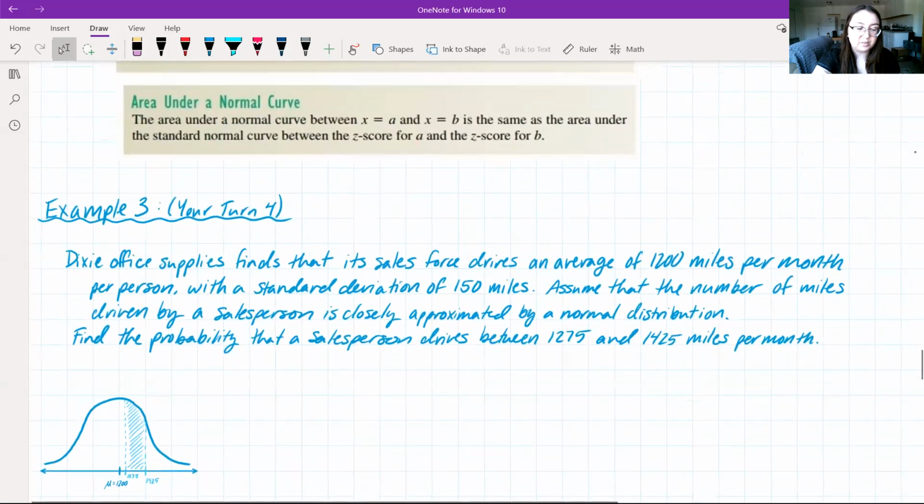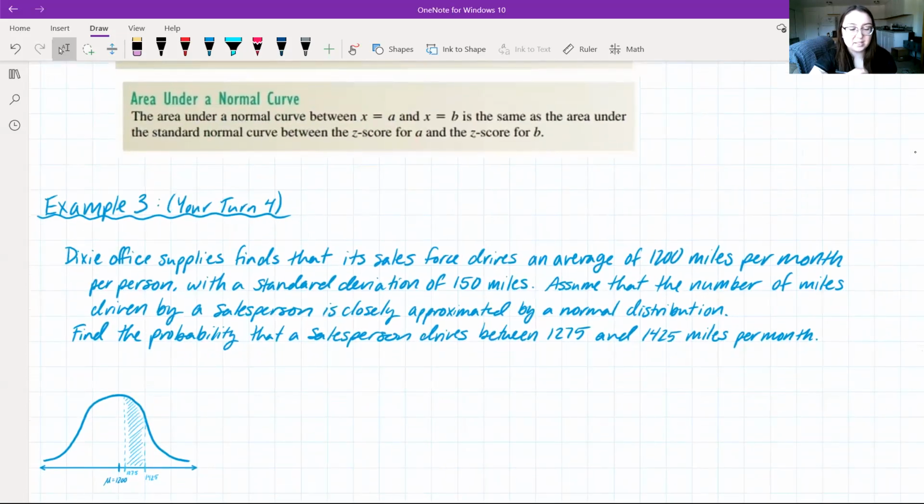Then we also have our definition of the area under a normal curve. In this case, the area under a normal curve between x equals a and x equals b is the same as the area under the standard normal curve between the z-score for a and the z-score for b.